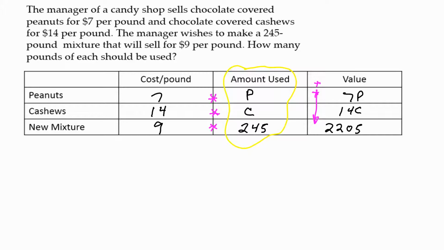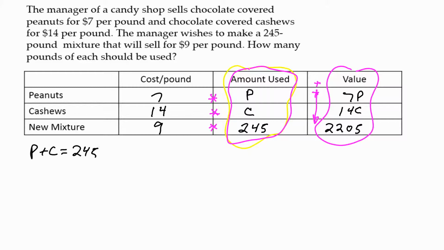So now, to work with these equations, we have the amount used and the value, and we have two equations with two unknowns. So we can set this up. P plus C equals 245, and the second equation, 7p plus 14c equals 2205.